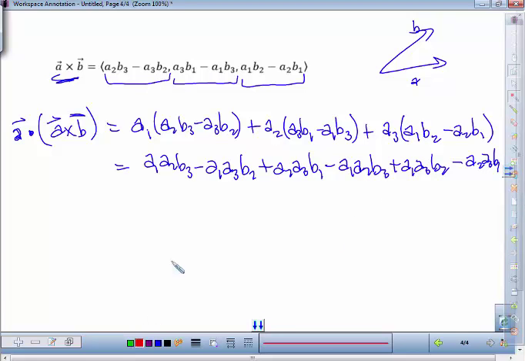If you look really carefully, A1A2B3 and A1A2B3 with a negative, that's gone.